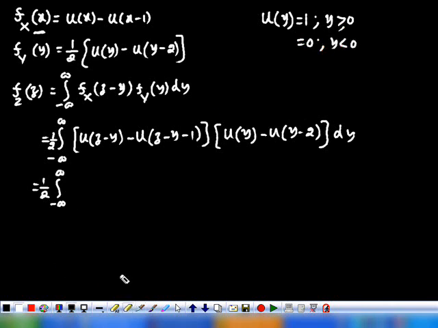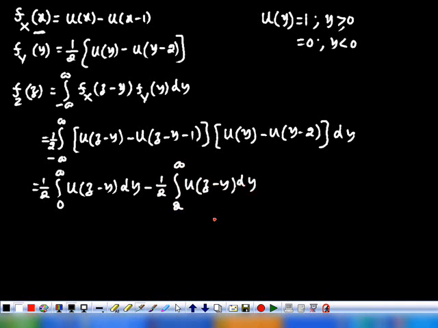Therefore, I can change the lower limit to 0 to infinity, and u of y becomes 1. The remaining term is dy. Minus, next, u of z minus y into u of y minus 2. We know that u of y minus 2 is 1 from 2 to infinity. Therefore, you can write it as the integral of u of z minus y dy. This is the second term.